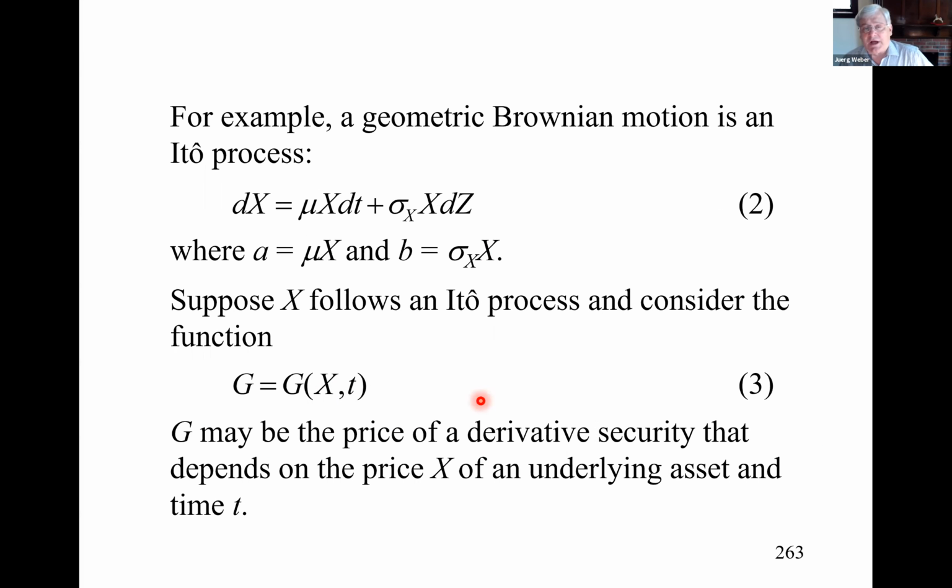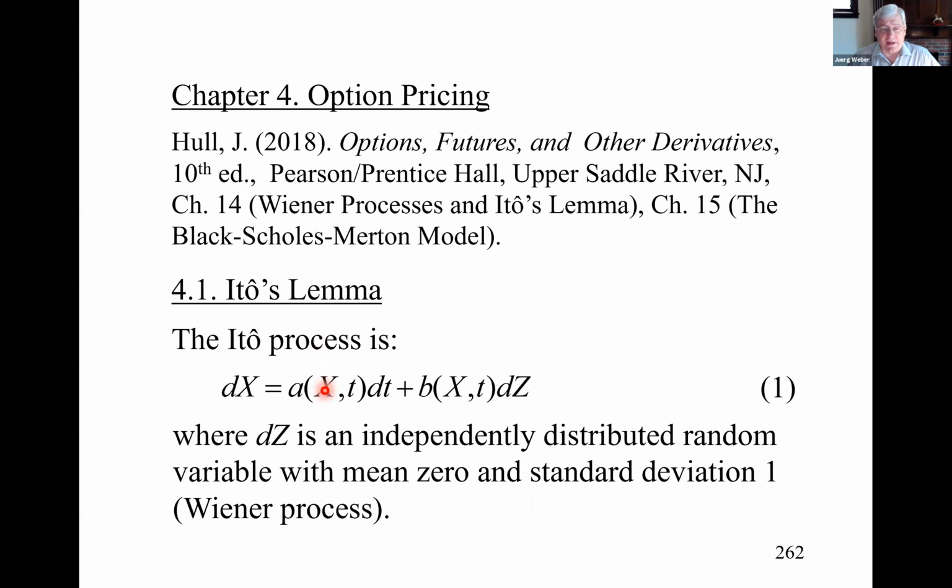Now we already used the geometric Brownian motion in the last chapter. So here I write it down again. Here the drift is mu x. So you see the drift depends on x, but not on time.